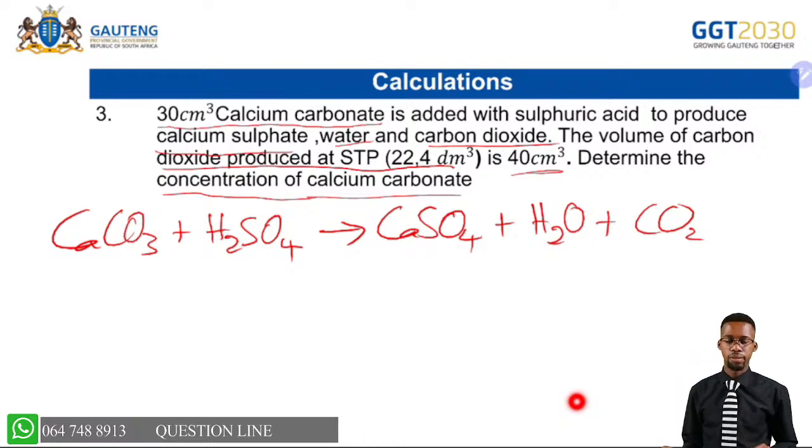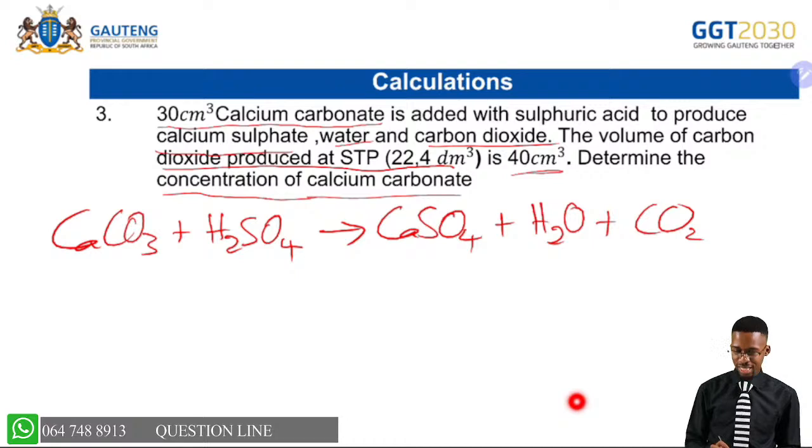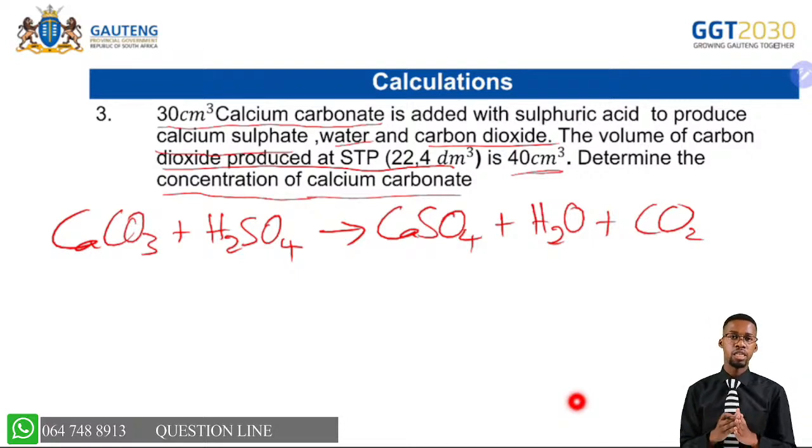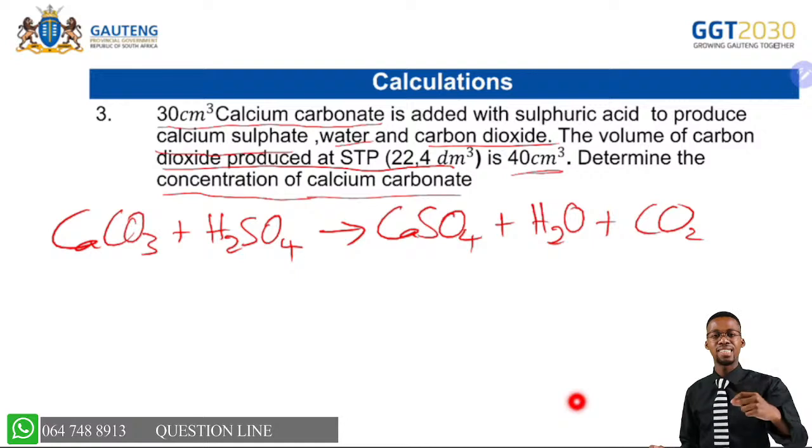This is our reaction. Now for calcium carbonate, we have the volume. And our volume is in cm³, and our volume must always be in dm³. According to our definition, we define concentration as number of moles of solute per cubic decimeter of a solution.